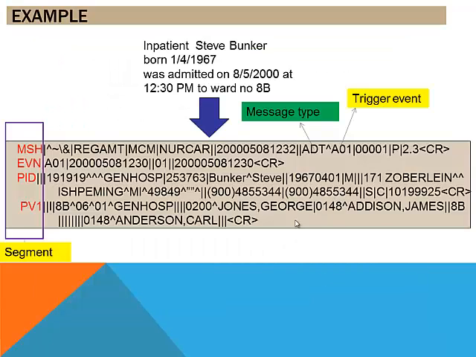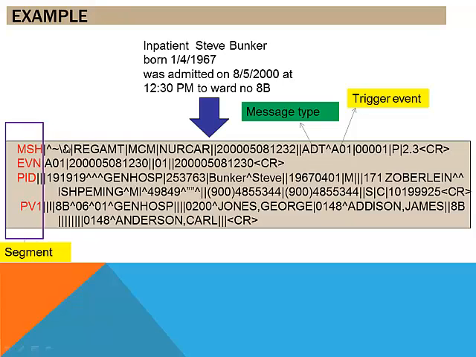In fact, inside the message, the message type and trigger event code are embedded. For example, in this message, the message type code is ADT and the trigger event code is A01. That means this new patient was admitted, triggered by the event of admission to the hospital.